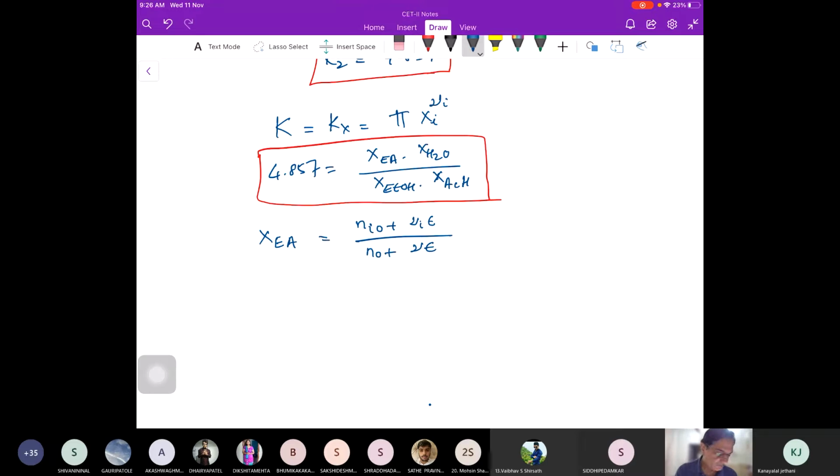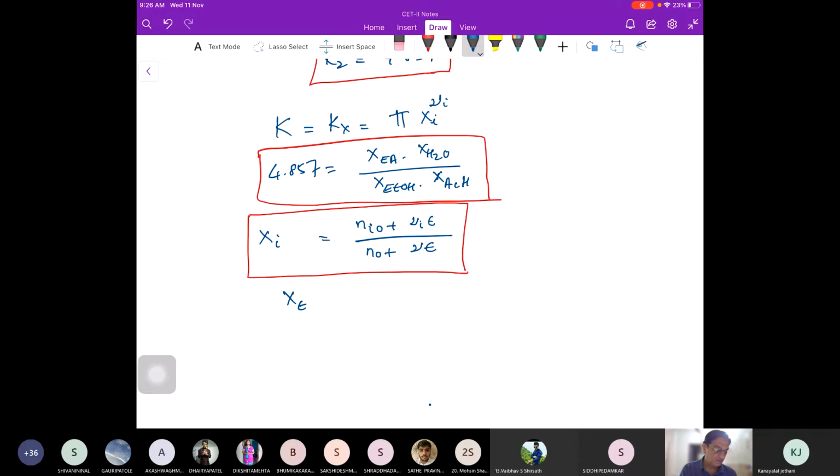Is this formula correct? X or Y doesn't matter, it is the mole fraction. So if you have this equation, sorry, this is not ethyl acetate, this is any X of i.